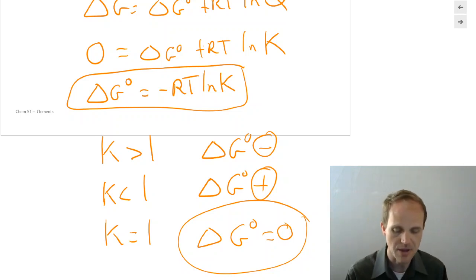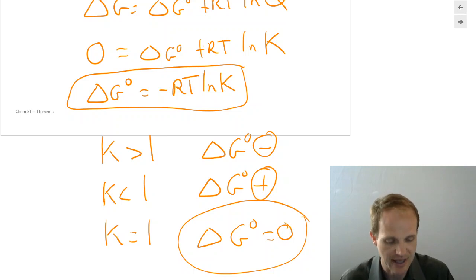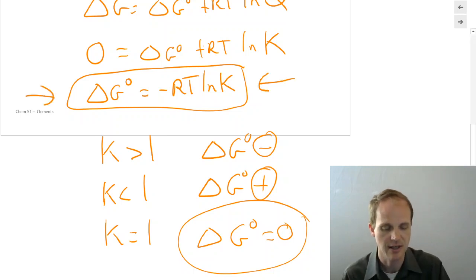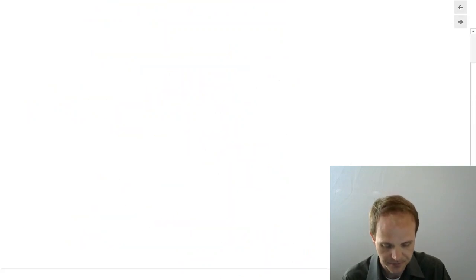Okay, so this is a neat way of relating this whole favors products, favors reactants to, hey, we're predicting spontaneity of this reaction and whether it's going to happen. So that's an important relationship between delta G and our equilibrium constants.